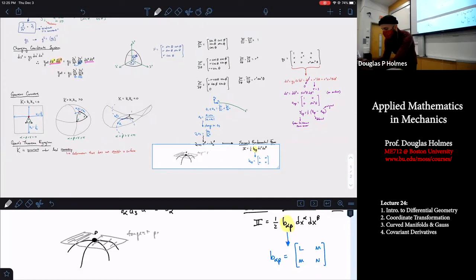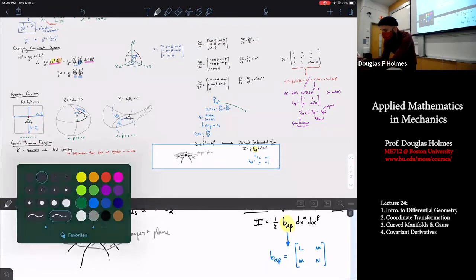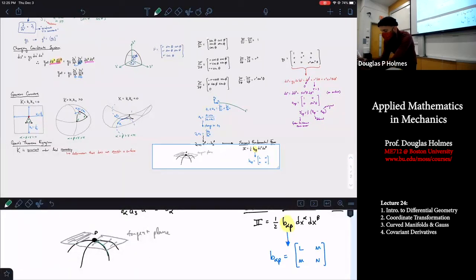Tangent plane. What I'm looking for is to determine, as I move along my surface here, how far down am I going relative to that tangent plane?